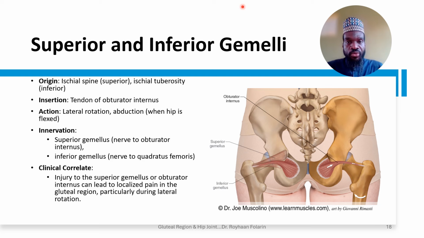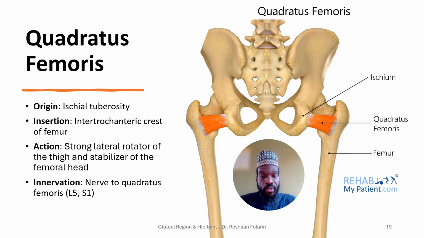Injury to the superior gemellus or obturator internus can lead to localized pain in the gluteal region, particularly during lateral rotation. Next is the quadratus femoris, which originates, as you can readily see, from the ischial tuberosity, and it inserts on the intertrochanteric crest of the femur posteriorly.